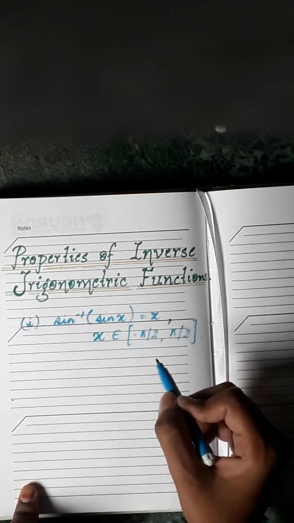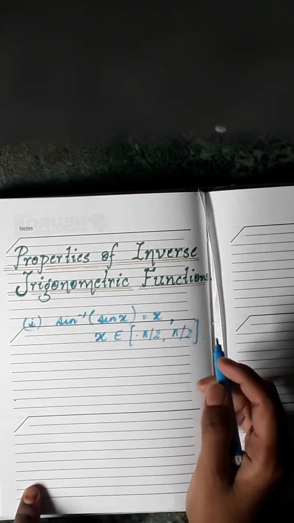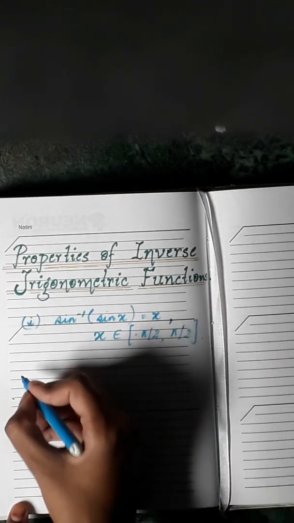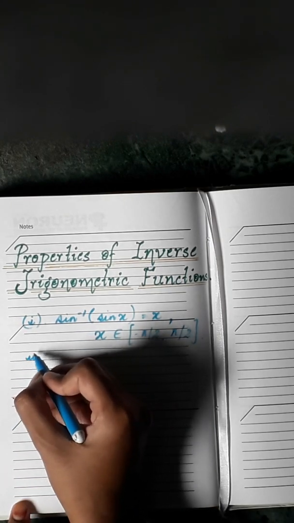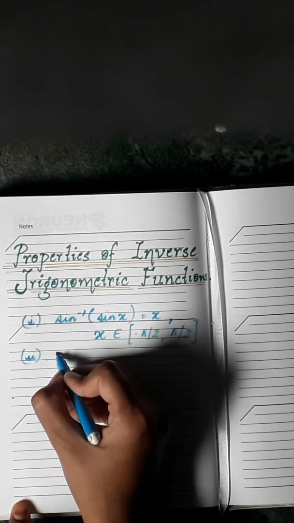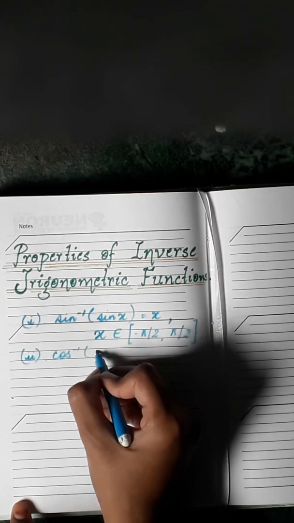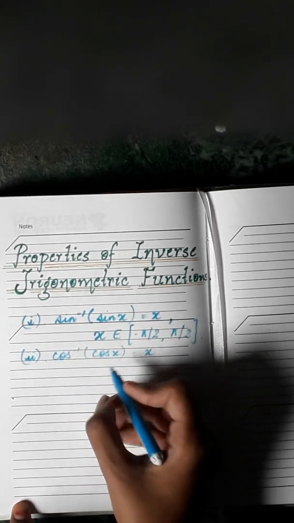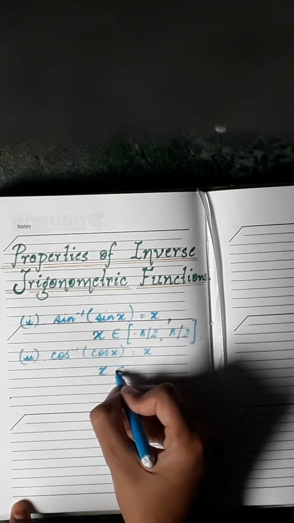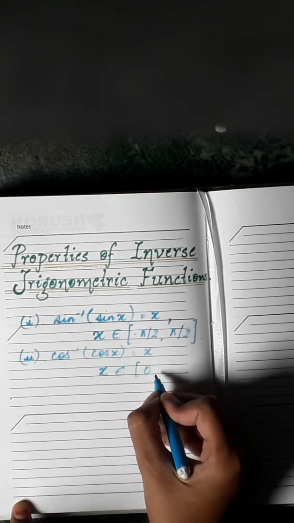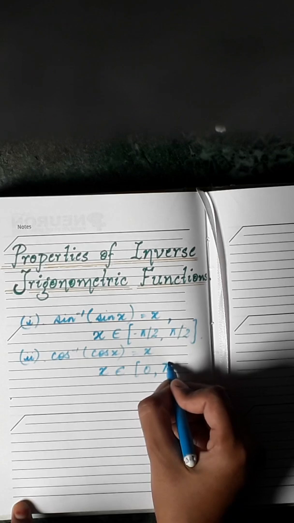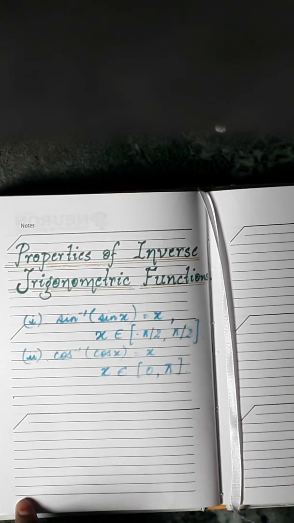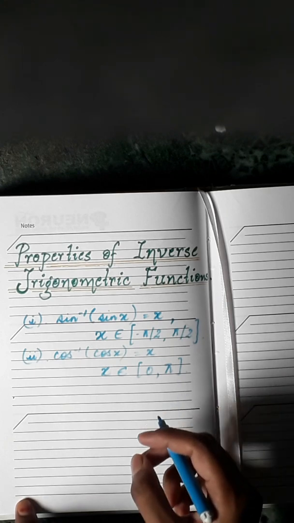Similarly, for the second property, cos inverse cos x is equal to x, when x belongs to 0 to pi, means the value of x should lie between 0 to pi, then only this property is applicable.